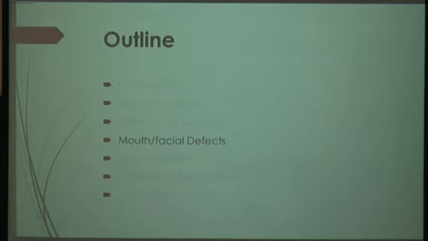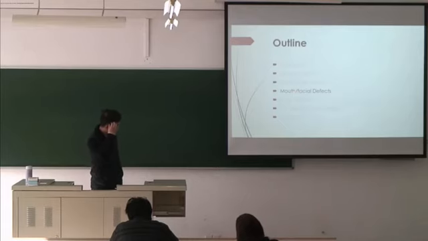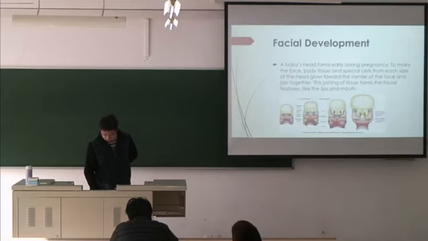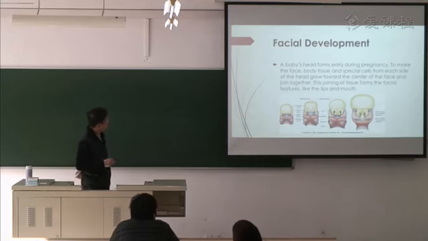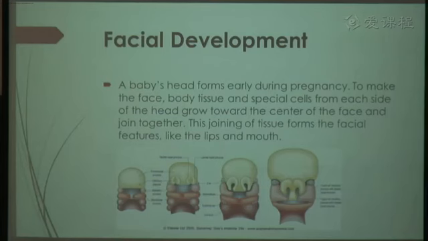So the third one I'm going to talk about is mouth and facial defects. First, a little bit of background on facial development. If you imagine the development of a baby, at first it does not even have a face.